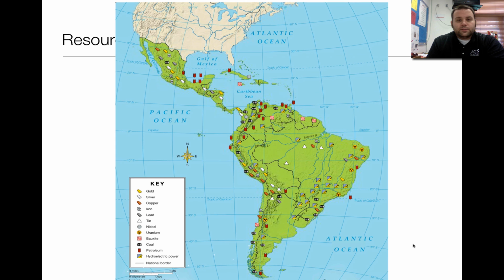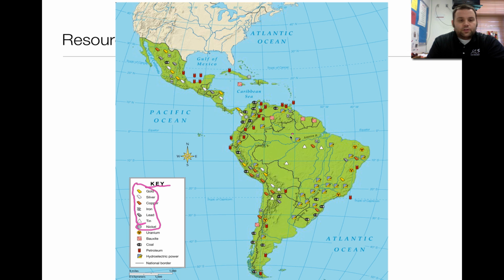All right, so let's look at this map here. This map is in your book, and we'll examine it further as well. You notice, over here on the key, here's our key that goes through and lists all the different things. So if you look, gold, copper, iron, lead, tin, and nickel. These are all minerals.